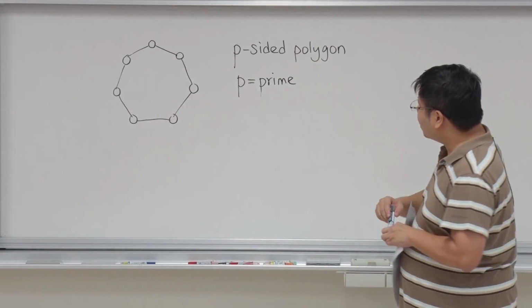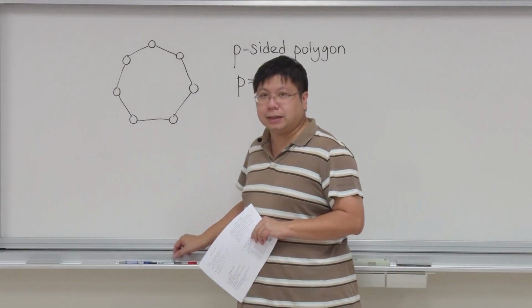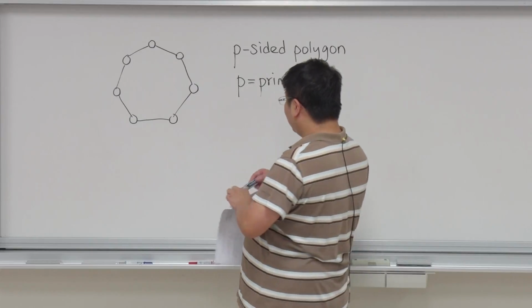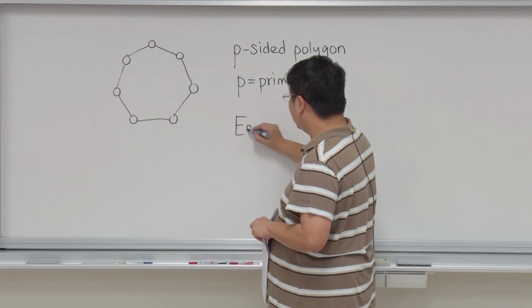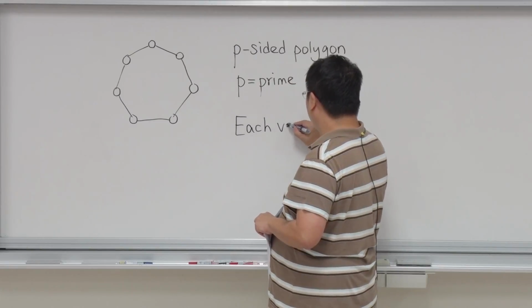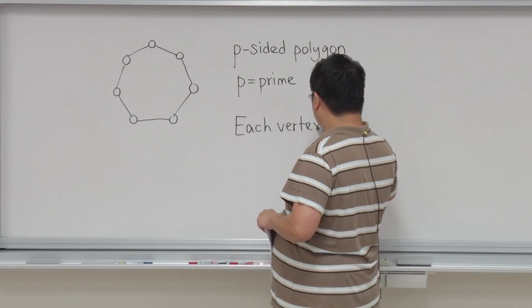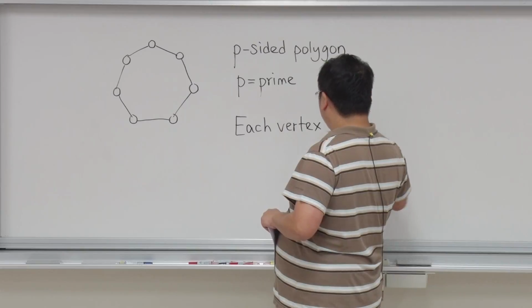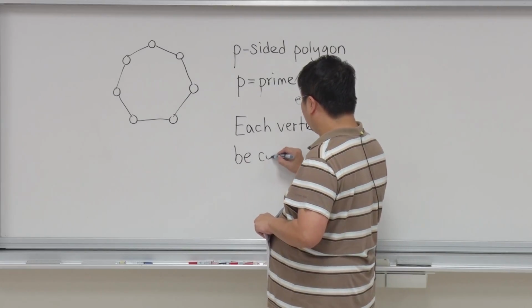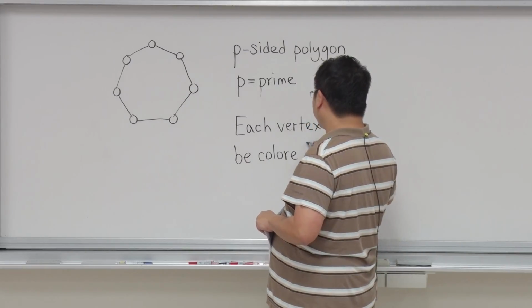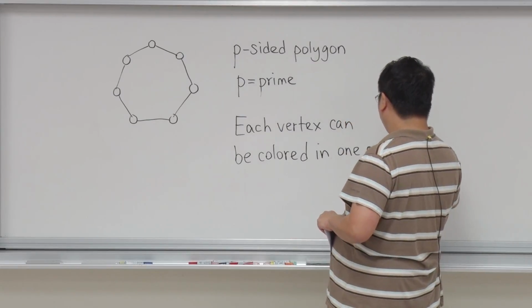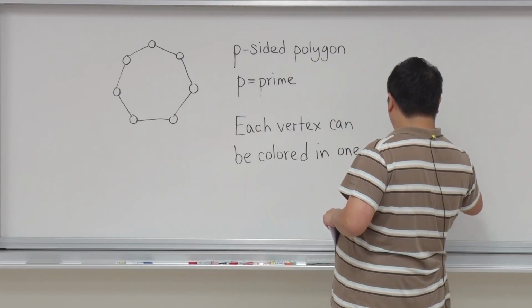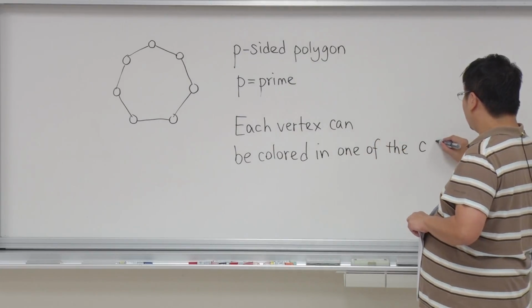Now suppose that each vertex can be colored in one of the C colors.